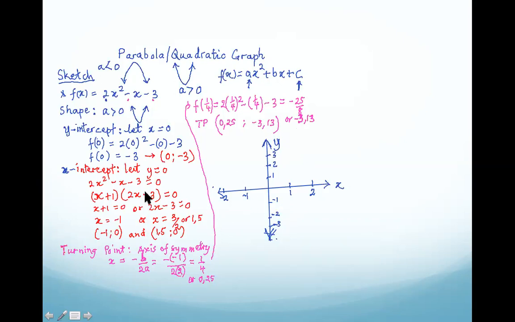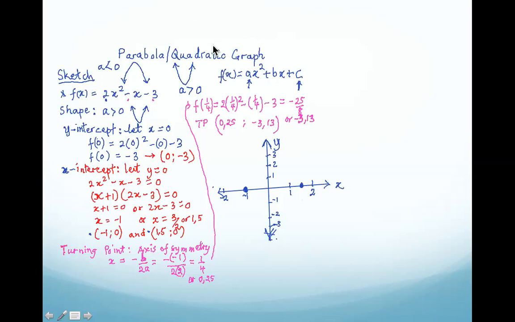So if you are plotting, look at the x-intercepts. So let's look at -1. Remember, it is an x-intercept, so it must be a point on the x-axis. Then this one, 1,5. This is 1. So 1,5 should be between 1 and 2.